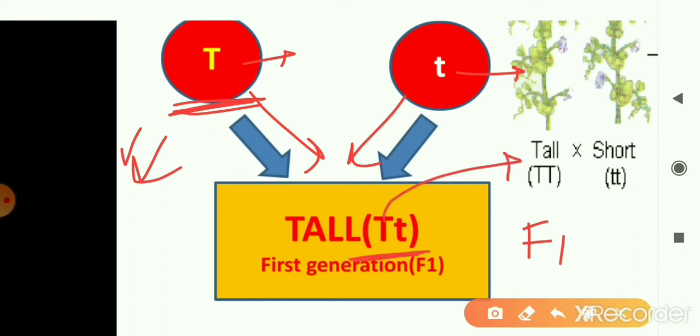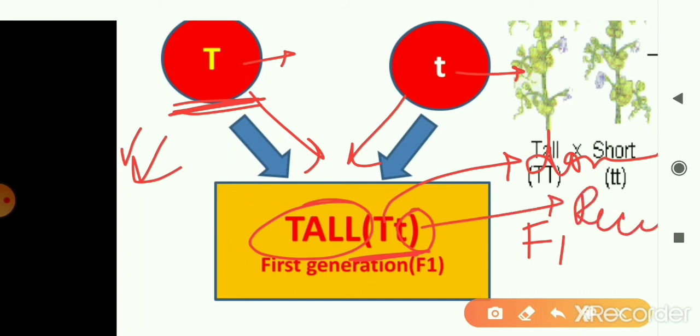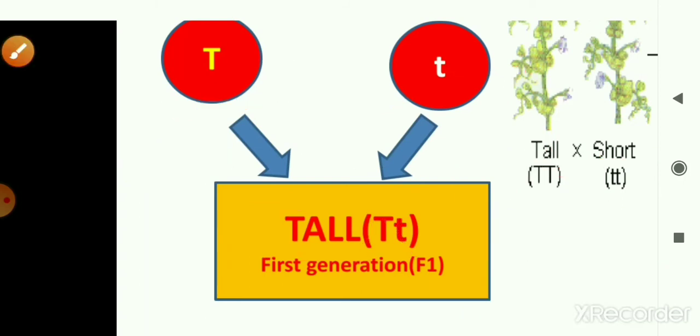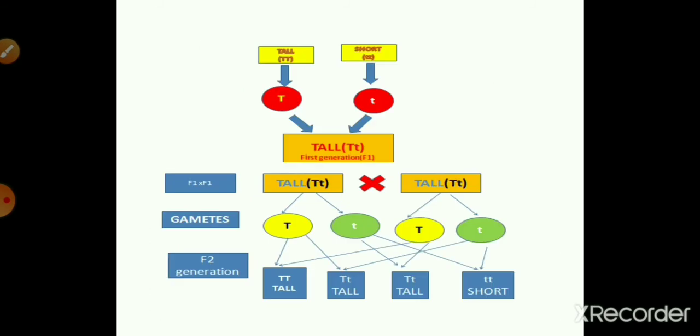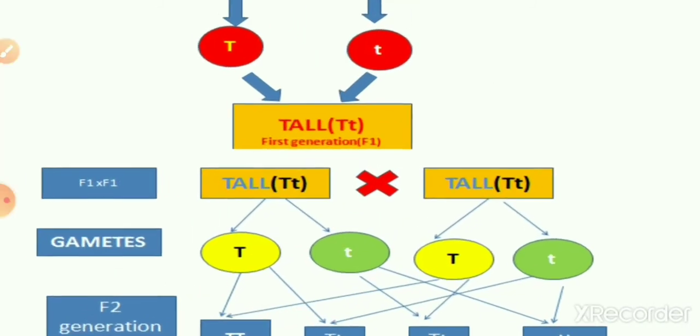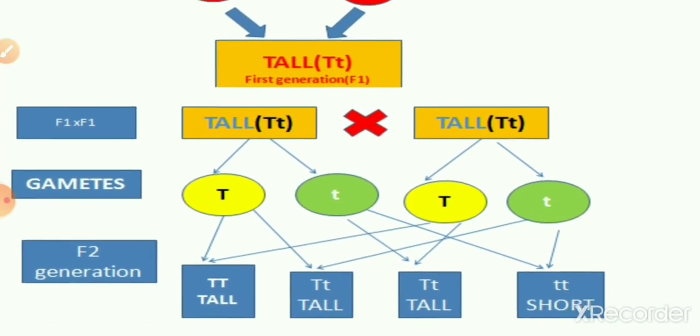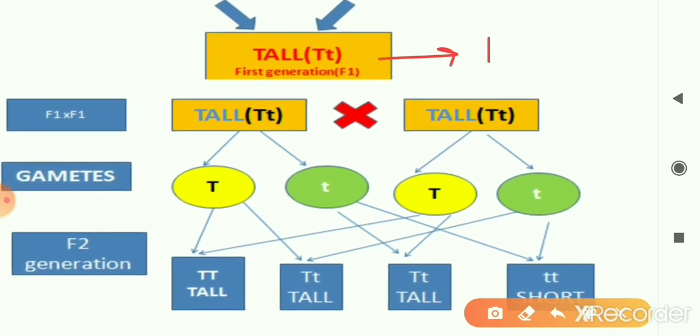Since the factor for tallness is dominant, the plant is going to be tall, and the factor for dwarfness, that is small t, is recessive. This is going to be hidden, and so the plant in the F1 generation will be a tall plant.